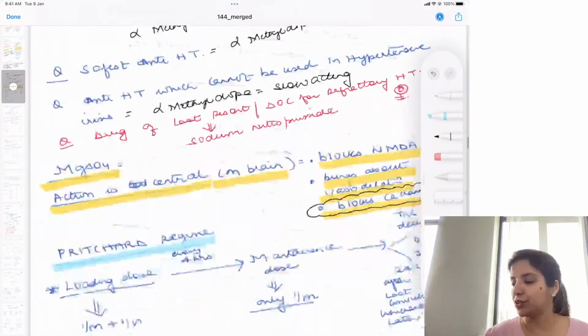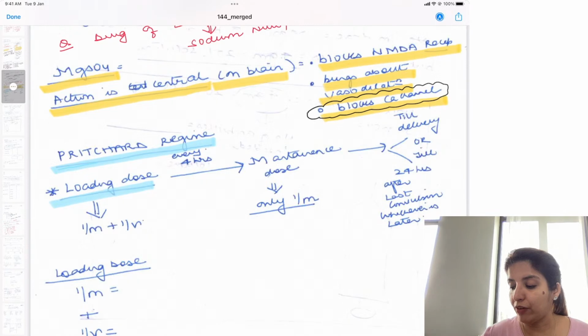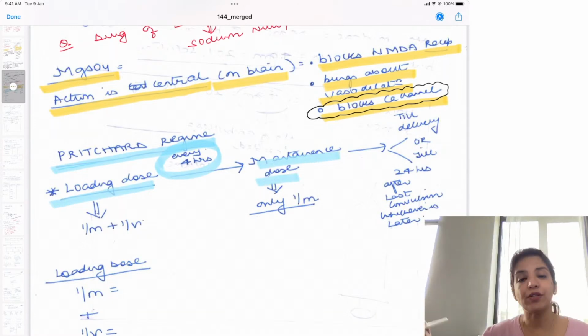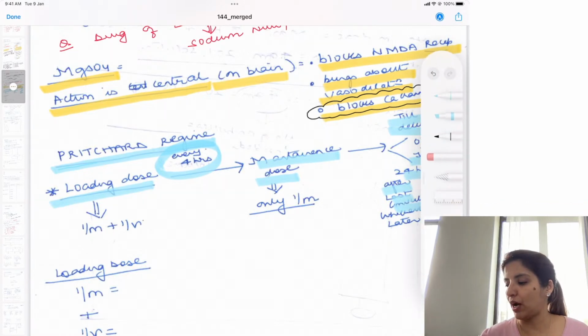As per this regime, I am going to give a loading dose of magnesium sulfate, and then after every 4 hours, I am going to give a maintenance dose. And I'm going to continue it till delivery or till 24 hours after last convulsion.